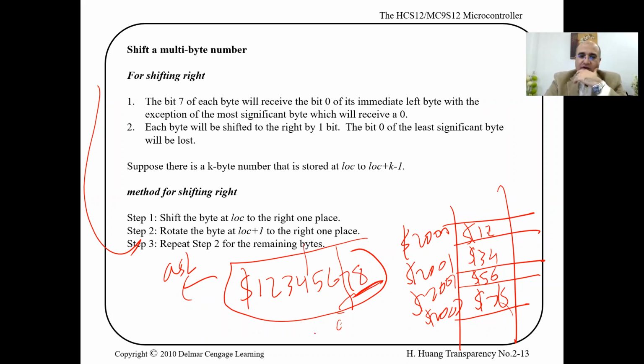Then you can go rotate left, right? Rotate left. So the carry will jump in here, right? Then a rotate here, then a rotate here, right? Because the bit that goes out of here, you want it to come in here. So send it to the carry flag, then bring it from the carry flag.